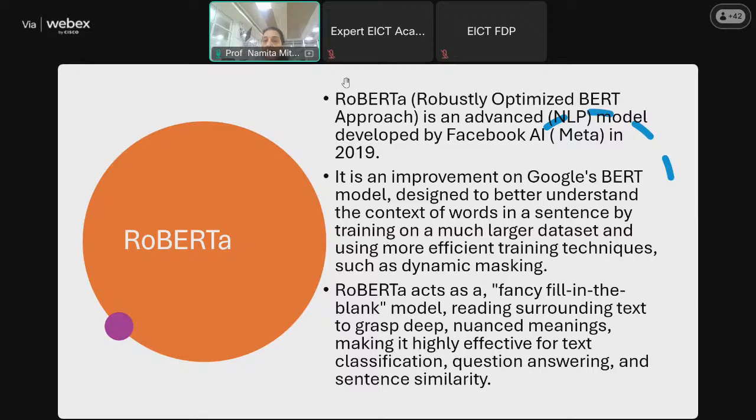Now the third model is RoBERTa. It is an acronym: RO stands for robustly, B for BERT, and A for approach. Robustly optimized BERT approach.